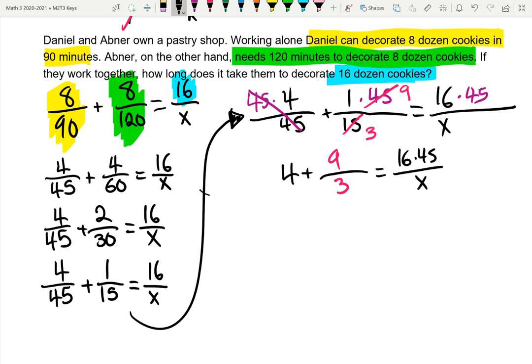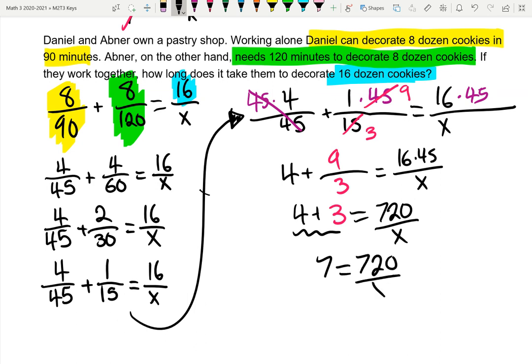Now notice how 9 divided by 3, I can just simply solve that to get 3. And then 16 times 45 is going to result in a product of 720 over x. 4 plus 3 is 7, which is equal to 720 over x.